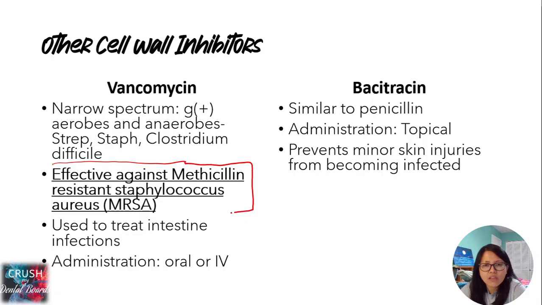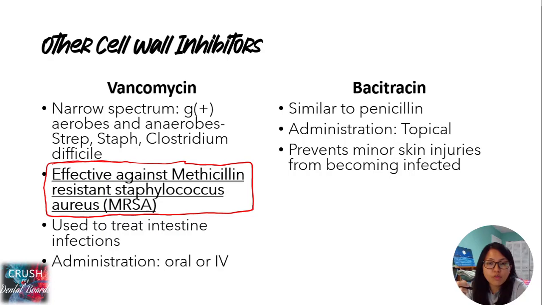What are MRSA? These are methicillin-resistant Staphylococcus aureus. Okay, so we said earlier that microorganisms or bacteria can produce something that would make them resistant, right? That's why in this case, some Staphylococcus aureus have become more virulent. In what manner?